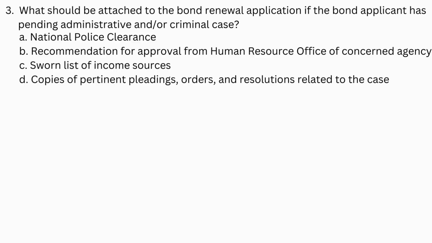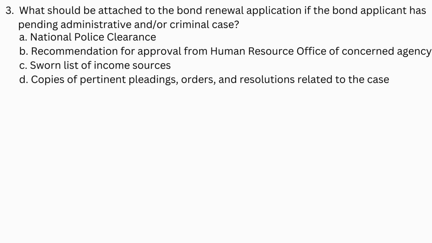Number 3. What should be attached to the bond renewal application if the bond applicant has a pending administrative and/or criminal case? A. National police clearance. B. Recommendation for approval from Human Resource Office of concerned agency. C. Sworn list of income sources.